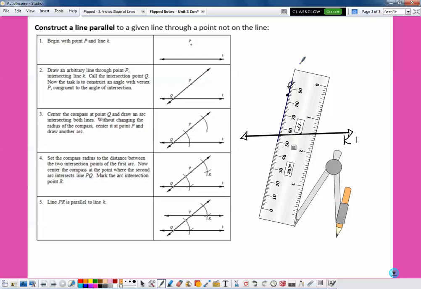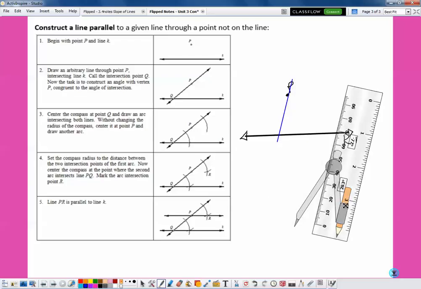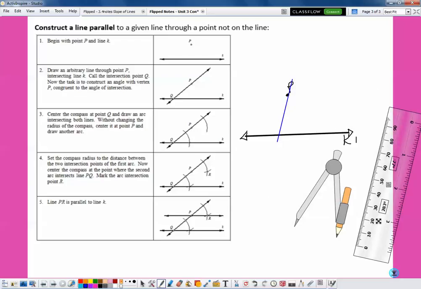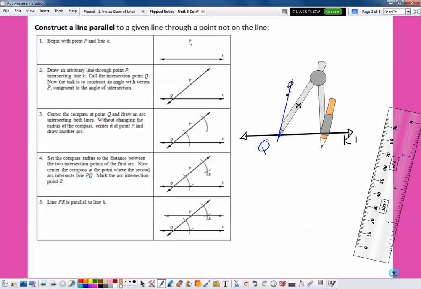So draw a line through point P. Now, I'm going to label this intersection Q, and I'm going to take my compass.